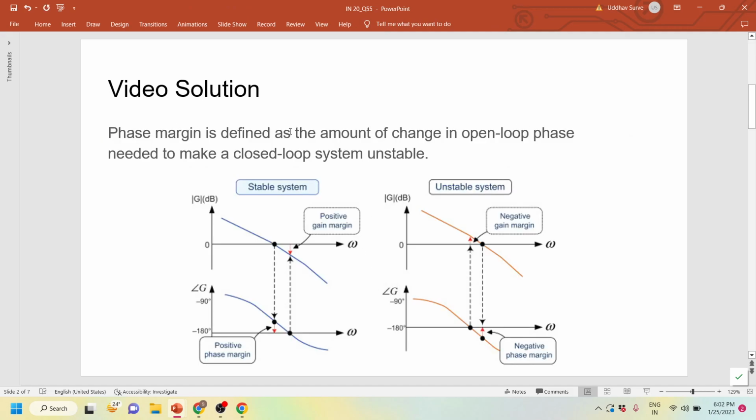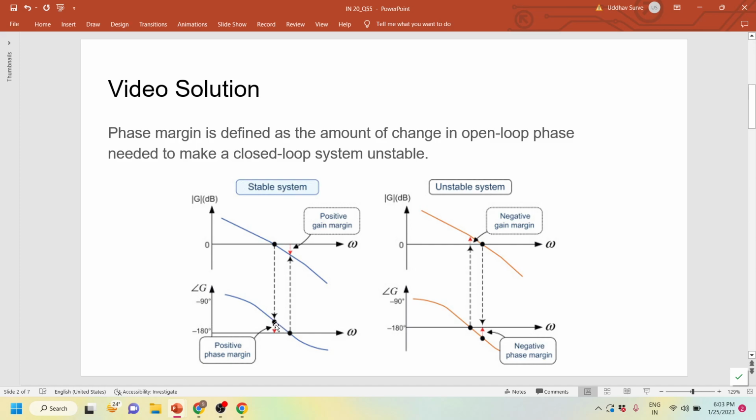The phase margin is defined as the amount of change in open loop phase needed to make the closed loop system unstable. Suppose you have a Bode plot of a system, assume this blue line is the magnitude and this is the phase. At the point where the magnitude plot crosses 0 dB, it should have a positive phase margin, meaning the phase should be above the minus 180 degree line.